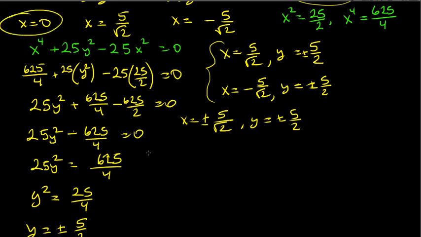So if we plug that in, then we get, well, 25y squared plus 0 minus 0 equals 0. We get y equals 0.